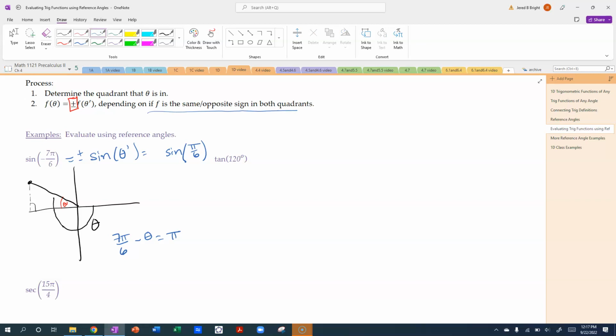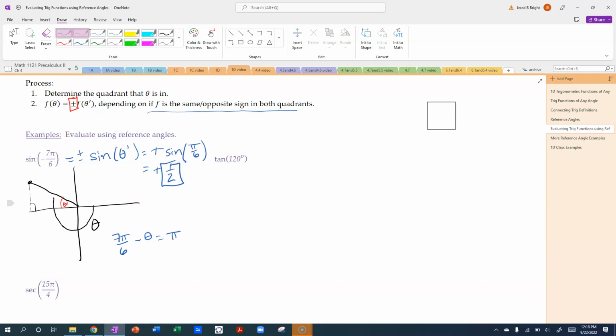In this quadrant, sine is positive, so I'm going to use positive. And now I just have to evaluate sine of pi over 6, and maybe you've remembered your first quadrant a little better than the rest: sine of pi over 6 would be 1/2. So again, same thing as what the unit circle would give us, but just using reference angles.